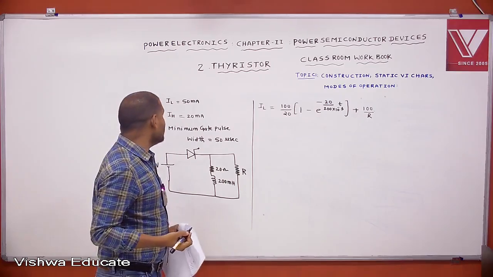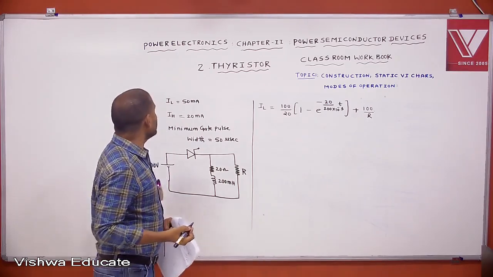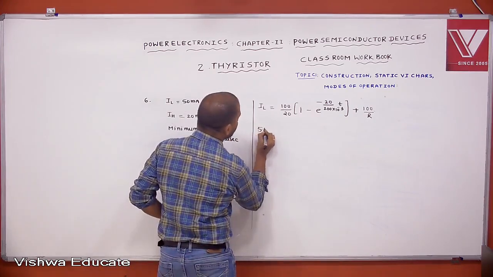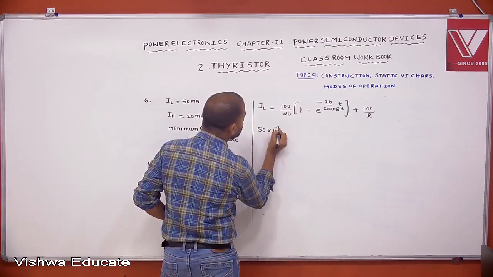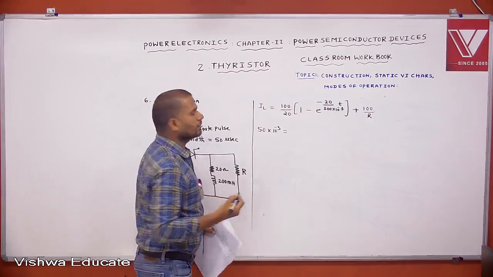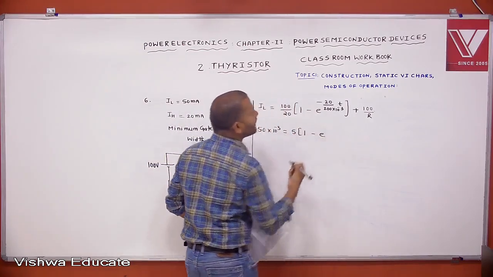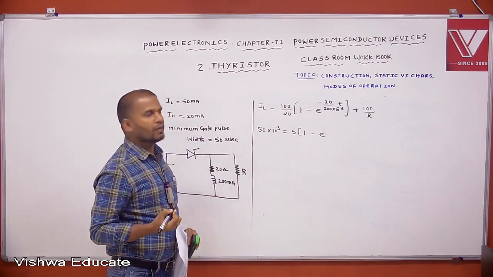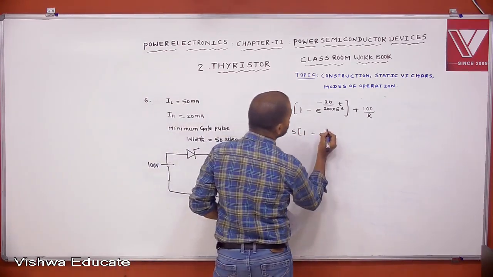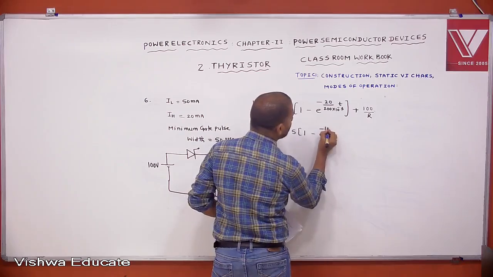What is the latching current? The latching current is equal to 50 milliampere, that is 50 into 10 to the power of minus 3 is equal to 5 into 1 minus e power. This how much you get? That is minus 100t.